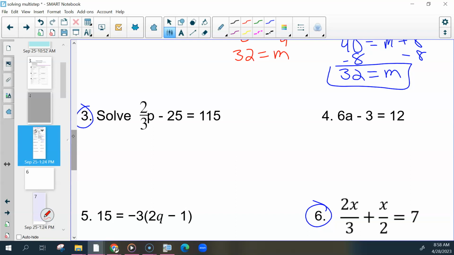You could multiply everything by 3, and that would be the same process, because then the 3's would cancel. That wouldn't cancel the denominator. You could do that, but it wouldn't change anything. Then how would we continue to solve for p?